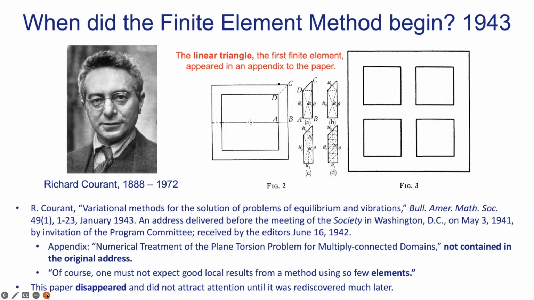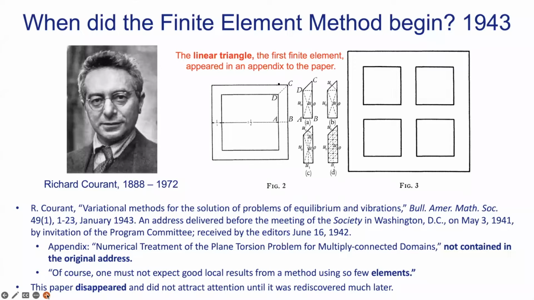But in the mathematics world, there is a paper of Courant that was an extremely prescient paper, although it seemed to not attract an enormous amount of attention at the time. It was published in 1943. It was based on a talk in 1941, presented at a meeting of the American Mathematics Society.